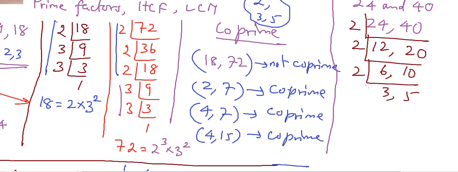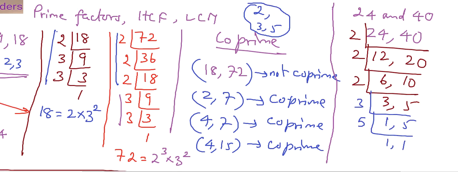We were supposed to divide by only prime numbers. So after this, divide by 3. One number is not divisible by 3, so write it as it is. Again, divide by 5. It's not divisible by 5, so leave it here one time. We keep dividing till we get all ones at the end.